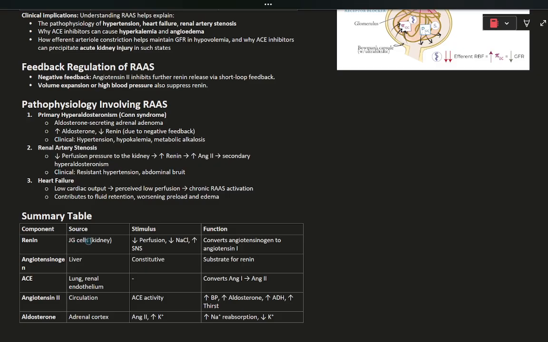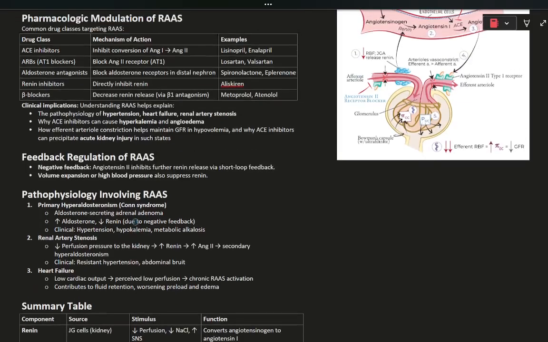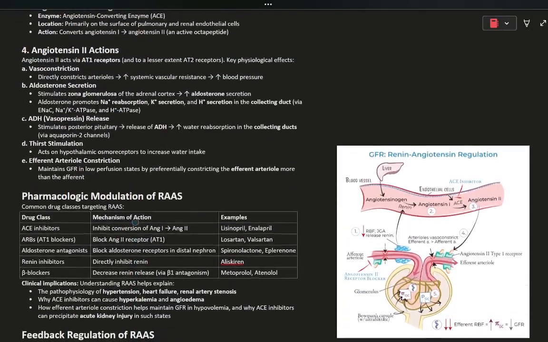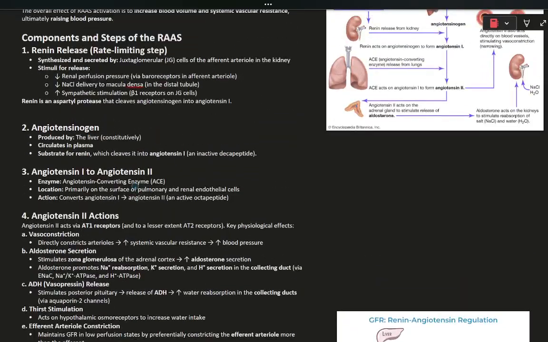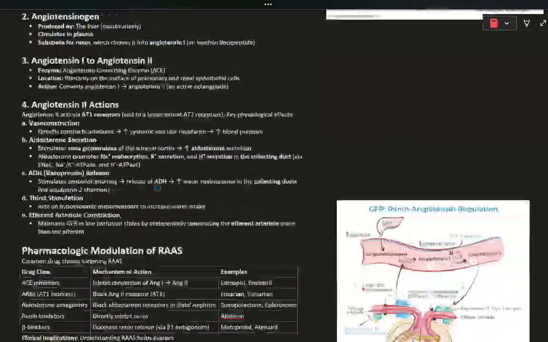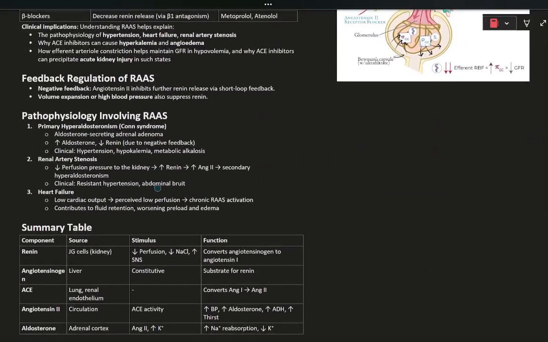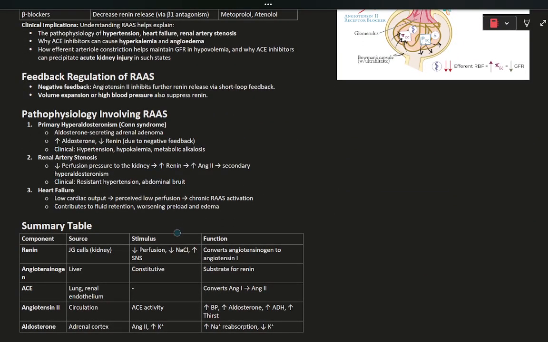It is going to be stimulated by decreased perfusion, decreased sodium chloride in the distal tubule, and increased sympathetic nervous system activity through the beta-1 adrenergic receptor that we talked about earlier, specifically on juxtaglomerular cells. And its function is going to be to convert angiotensinogen to angiotensin I.